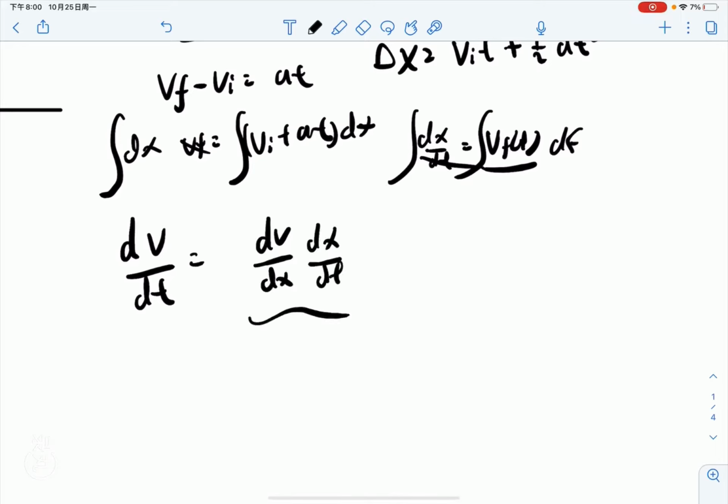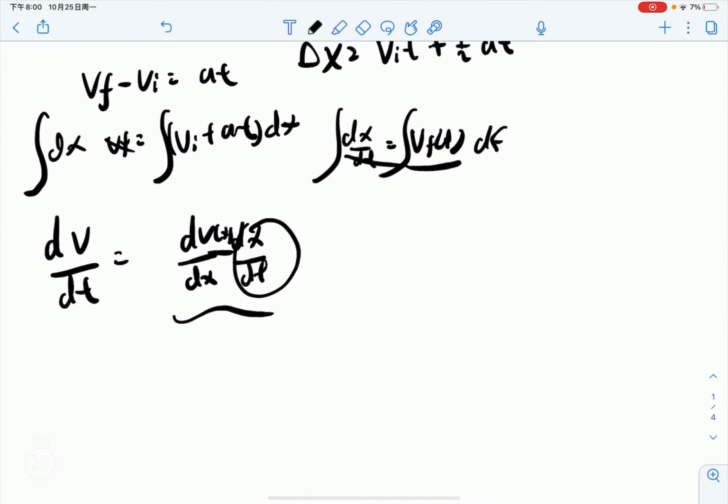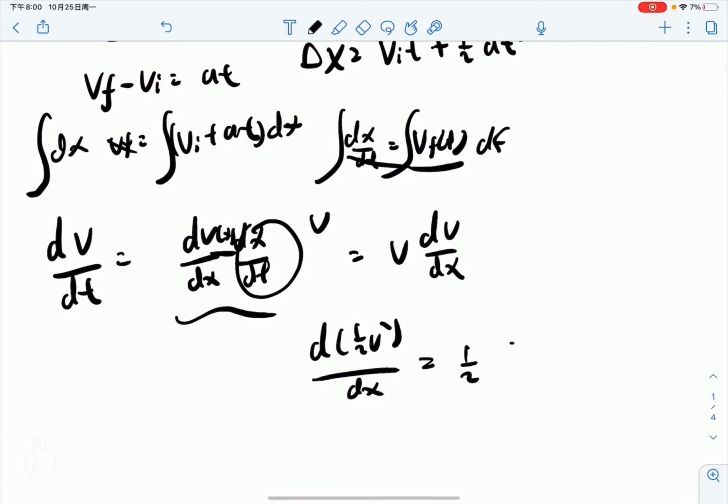Basically the chain rule, and we assume that v is a function of x. So this term is basically v, which is v dv dx. And we know that, by the chain rule, this is equal to d dx of v squared, which is 2v divided by 2 times dv dx.